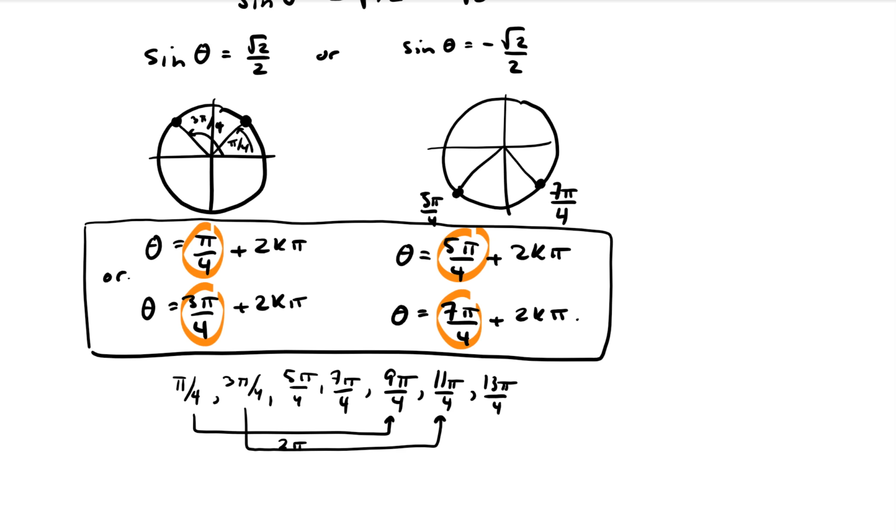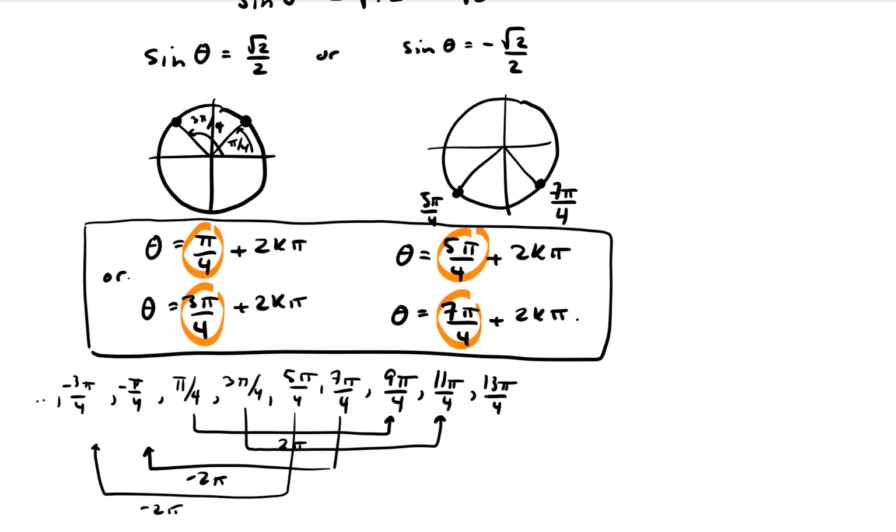Same goes with this angle here. If I subtract 2 pi from it, I'm going to get minus pi over 4. Same goes with this, I subtract 2 pi, and I'm going to get this one here.